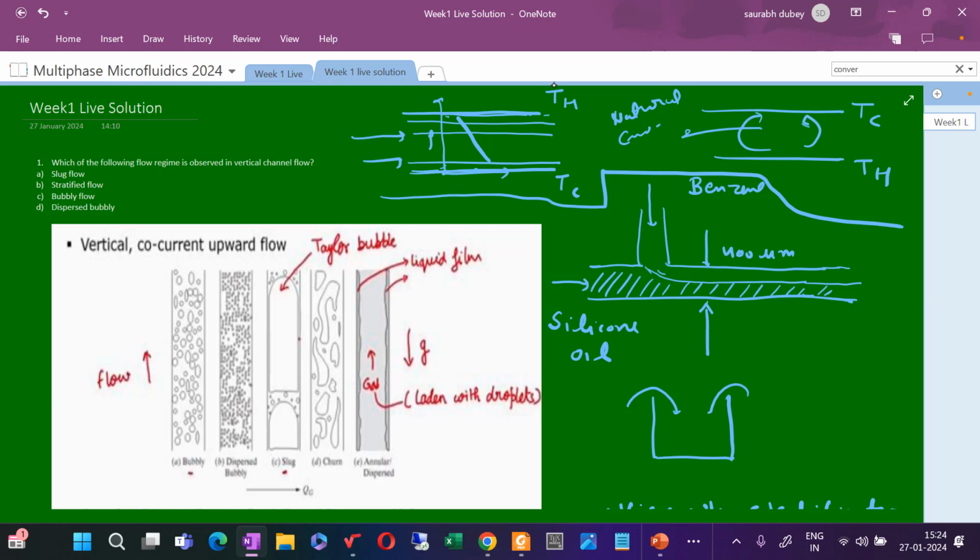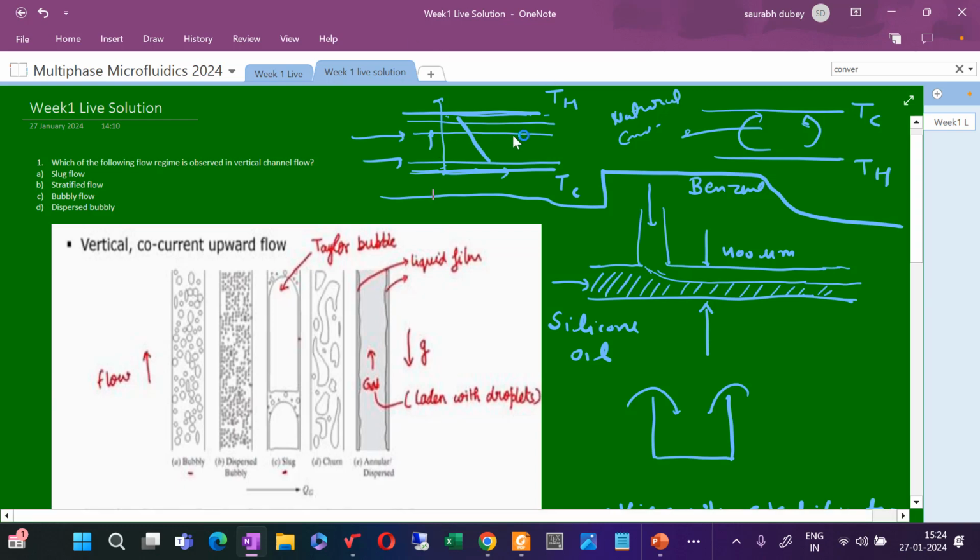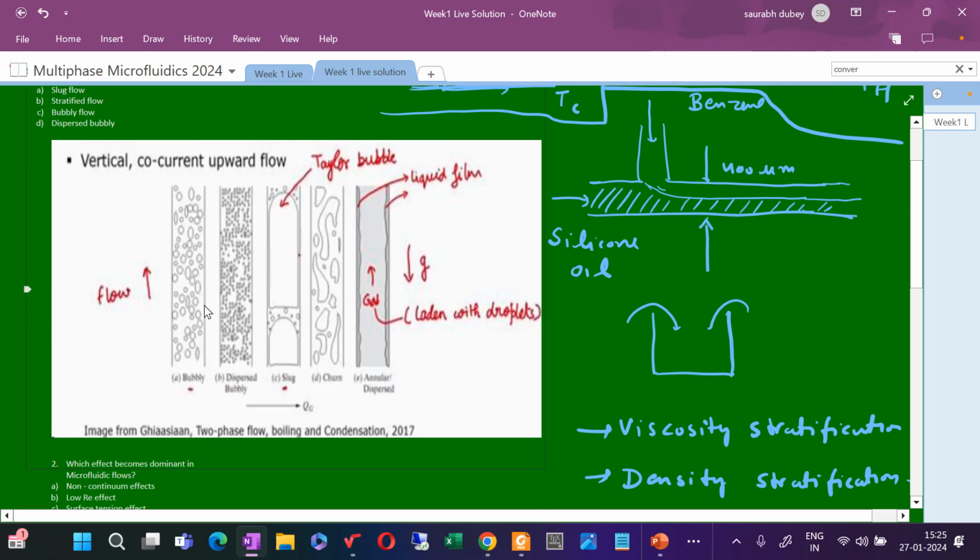Sometimes that layer is at the molecular scale, but in this case it is the complete cell, benzene and complete silicon atom. So that's it. And in this case, you see this vertical co-current upward flow that was there.